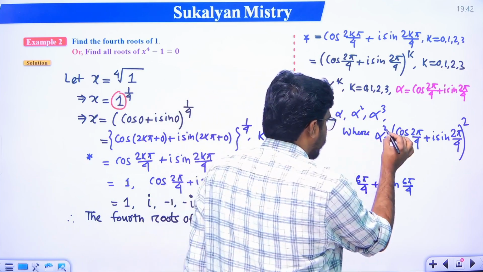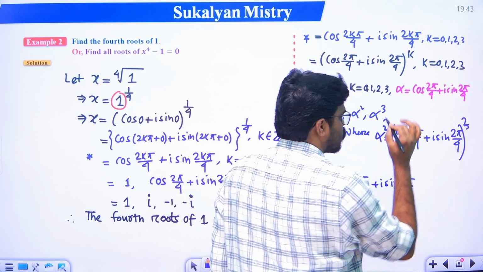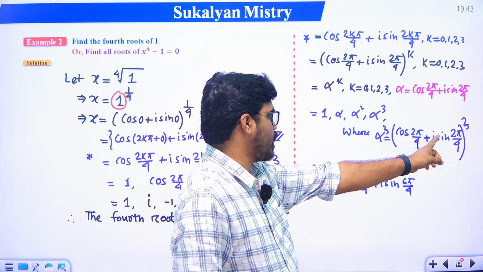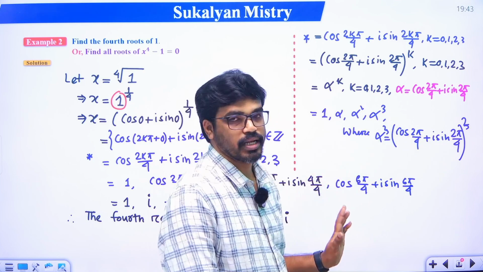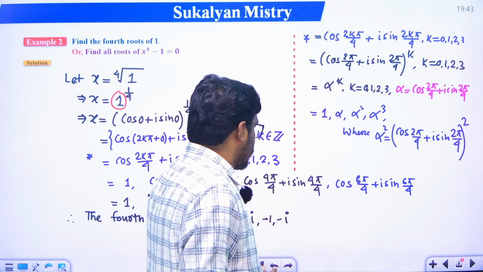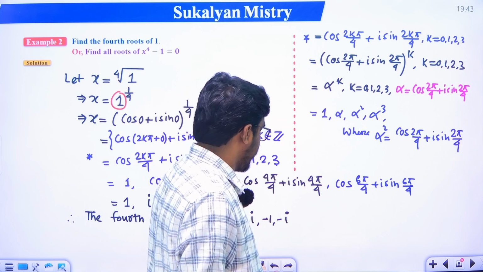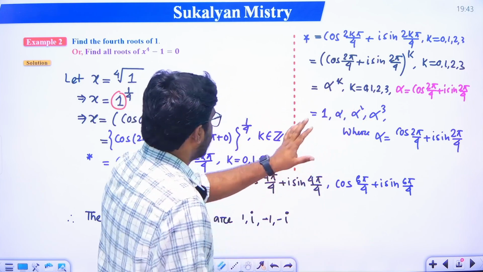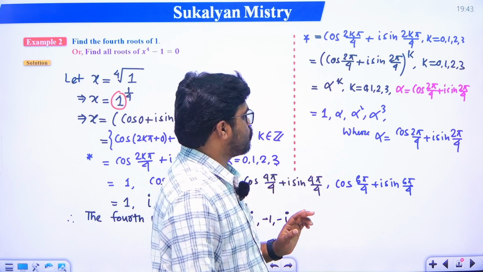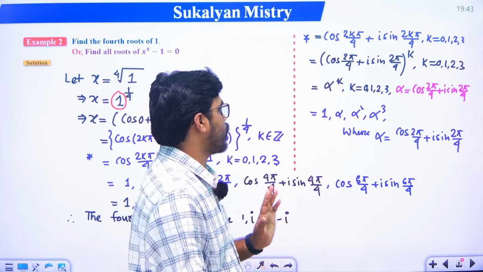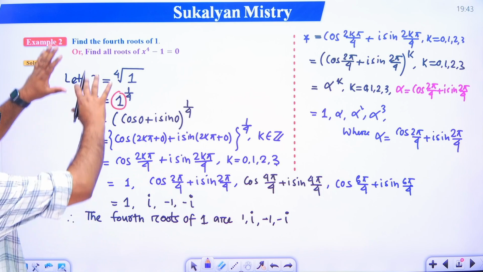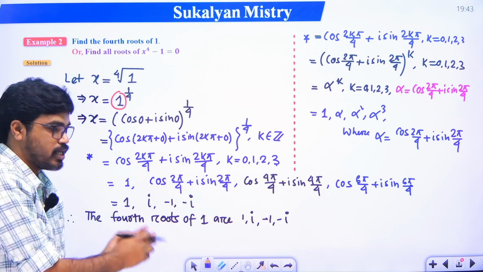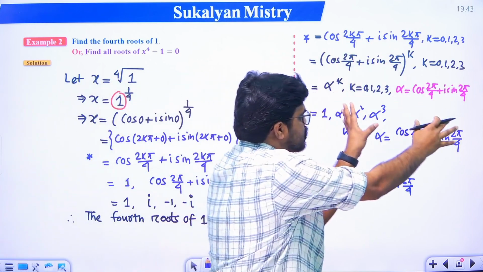Similarly, alpha cube, you get cos 6 pi by 4 plus i sin 6 pi by 4. If you calculate this, you get minus i. So you can express the answer this way also: 1, alpha, alpha square, alpha cube, where alpha is this. So the fourth roots of unity are 1, i, minus 1, minus i. Also you can represent it this way.